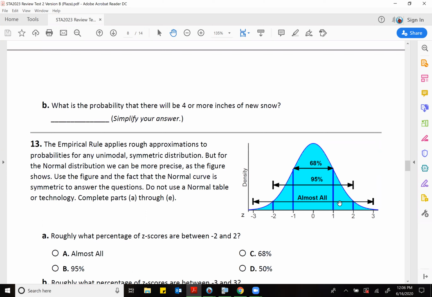So what you would do is take 95, because that represents the full length here, and subtract out the 68. So 95 minus 68 gives you 27%. Now that 27% makes up both of these areas right here, and they have to be the same. So if you take 27 divided by 2, that's your 13.5. So this is 13.5 and this is 13.5.